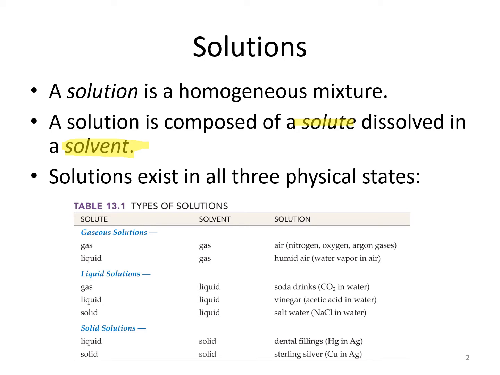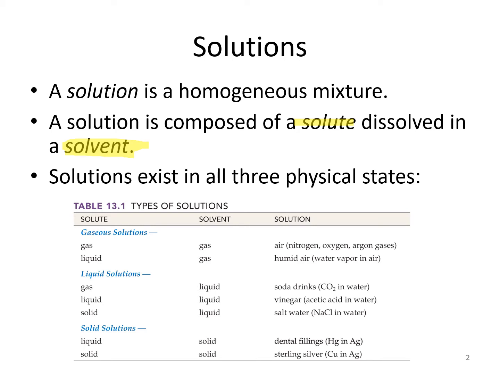Solutions can exist in all three phases. You can have a gas dissolved in a gas, a liquid dissolved in a gas, a gas in a liquid, a solid in a liquid, or liquids and solids in solids.